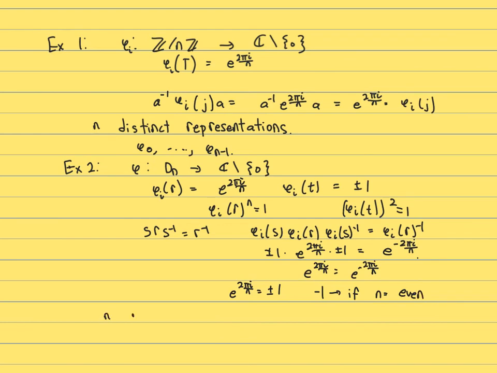So we actually see when n is odd, the only option is plus 1, which means that there are only two one-dimensional representations. Namely, the trivial representation, that sends everything to 1, and the representation that sends r to 1 and s to negative 1.